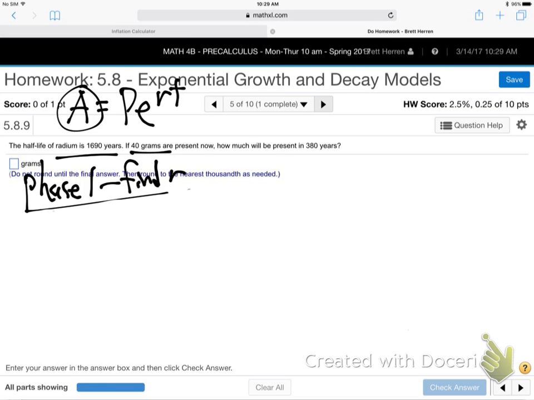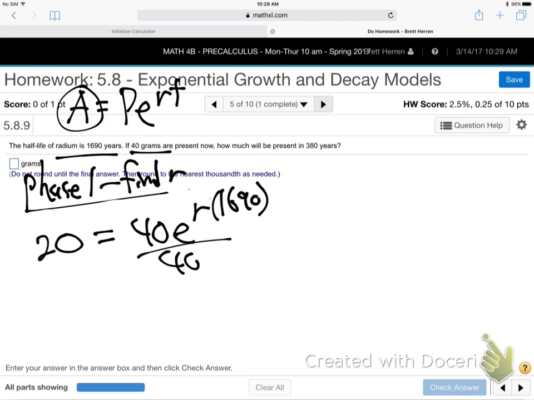Or you can put in the actual numbers. P is 40 because there's 40 grams now, and half of that means 20 grams later. And how long later? Time is 1690. When time is 1690, there'll only be 20 left. And then divide by the 40. You see we're going to get that 0.5 anyway.